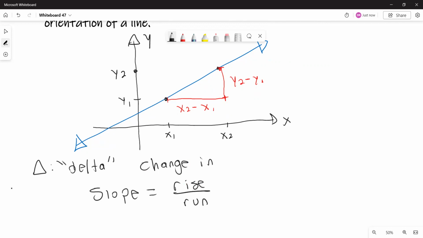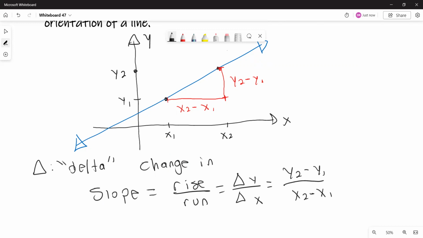The rise is the vertical displacement, the change in y, and the run is the change in x, or the horizontal displacement. Where the change in y is y2 minus y1, and the change in x is x2 minus x1.